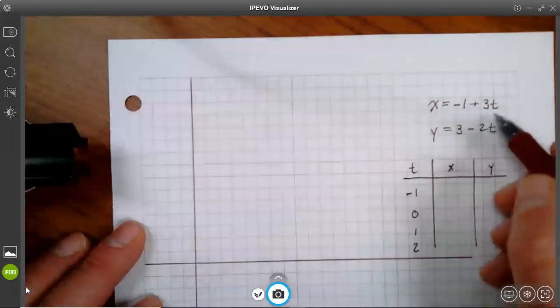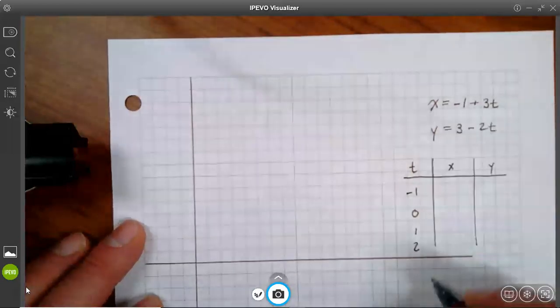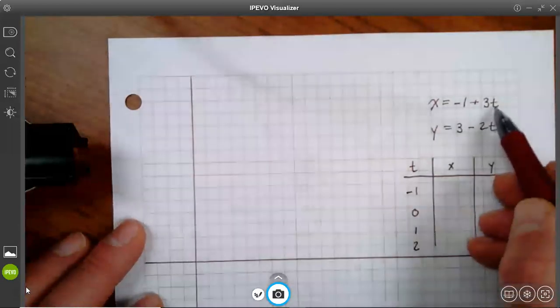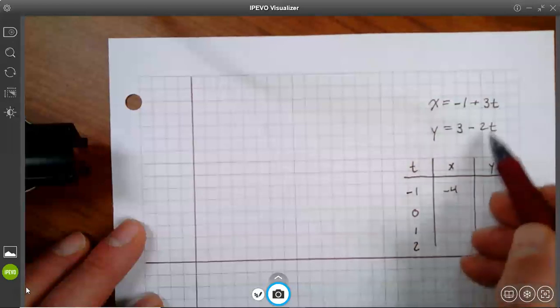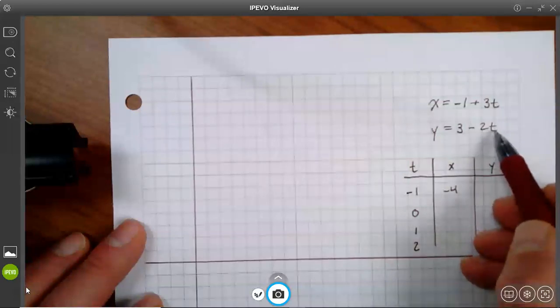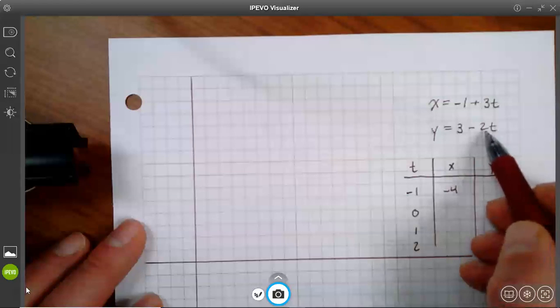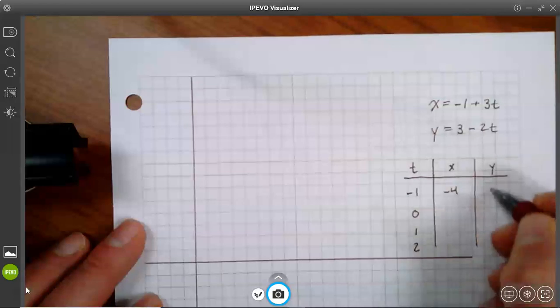So for my x, if I put -1 in for t, I get -3, and -3 and -1 makes -4. If I put -1 in for t here, -1 times -2 is a +2, and 3 plus 2 is 5.